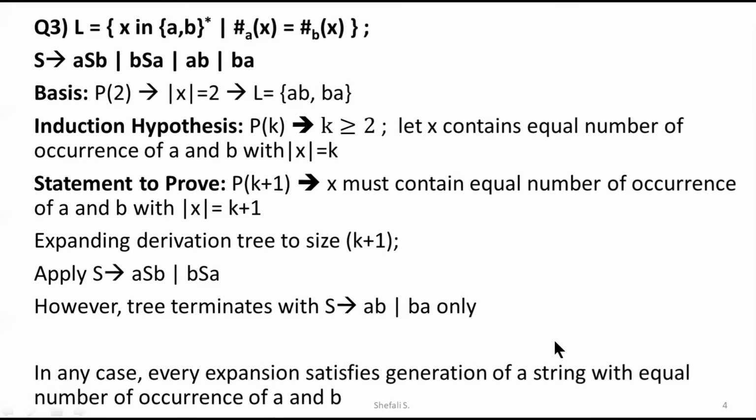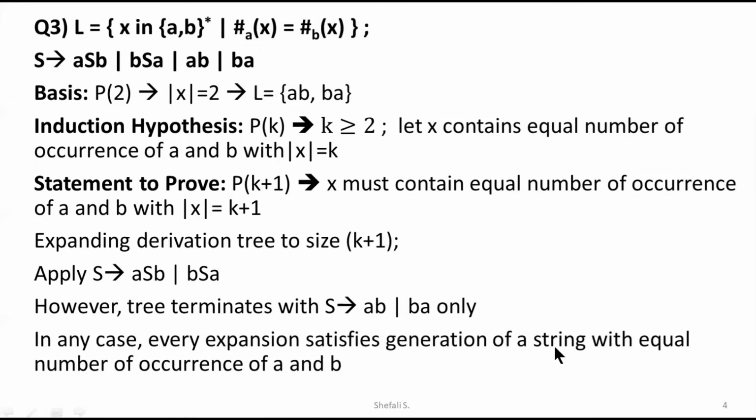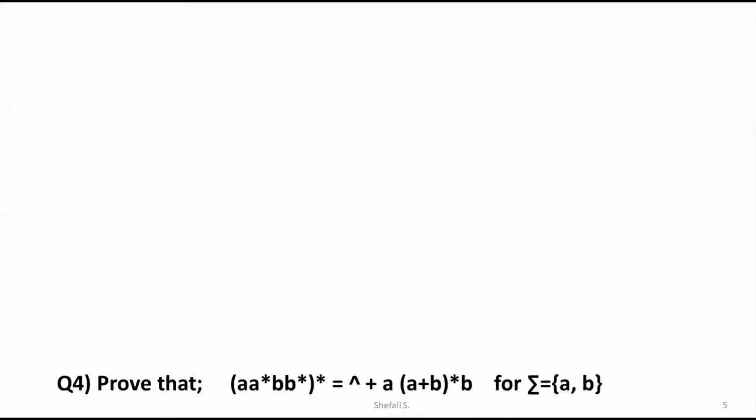In that way, using some structural induction method, for any expansion level, we can satisfy that the given generation of the string has an equal number of occurrences of A and B. So this is the kind of example, maybe slightly different, with some trees provided, which is helpful, and this is the kind of your structural expansion.